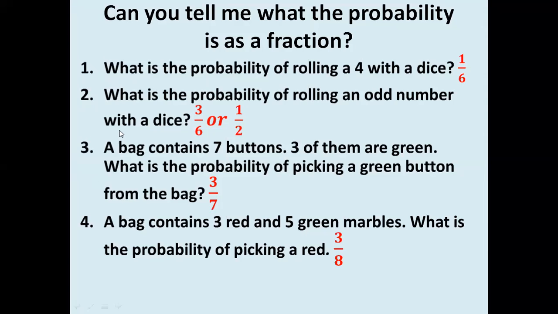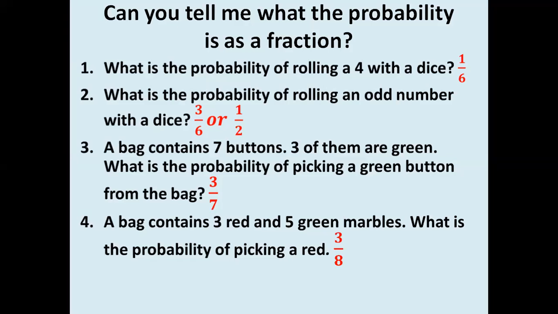So it's 3 over 6, or you can write it as 1 over 2, simplified. But in general, we don't write our probabilities with the fractions in simplest form. So keep your fractions, if you are asked to find the probability, as the original fraction without simplifying.